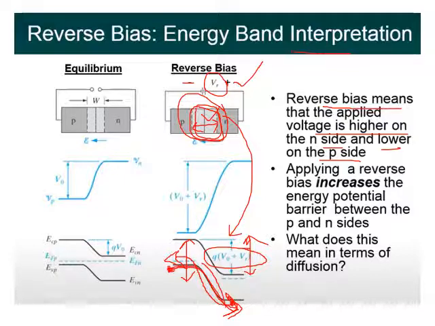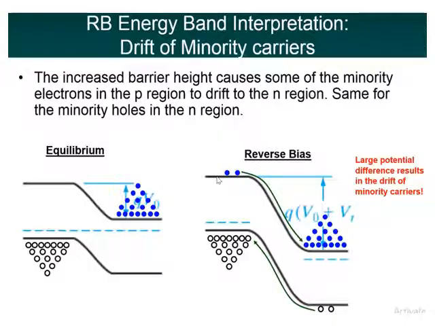Applying a reverse bias increases the energy potential barrier, or in other words the depletion region itself, between the P and N sides, right? And the diffusion will become more and more tougher. The holes and electrons can't cross the barrier. That's it.